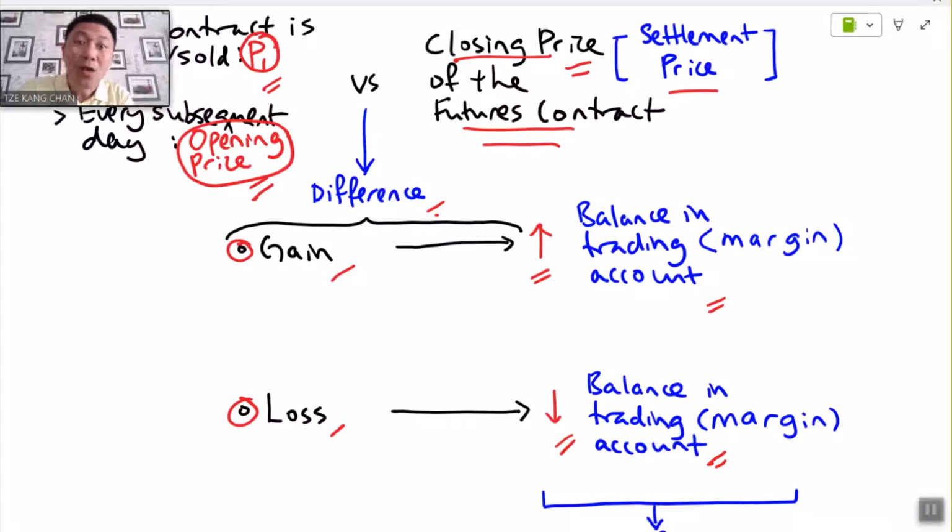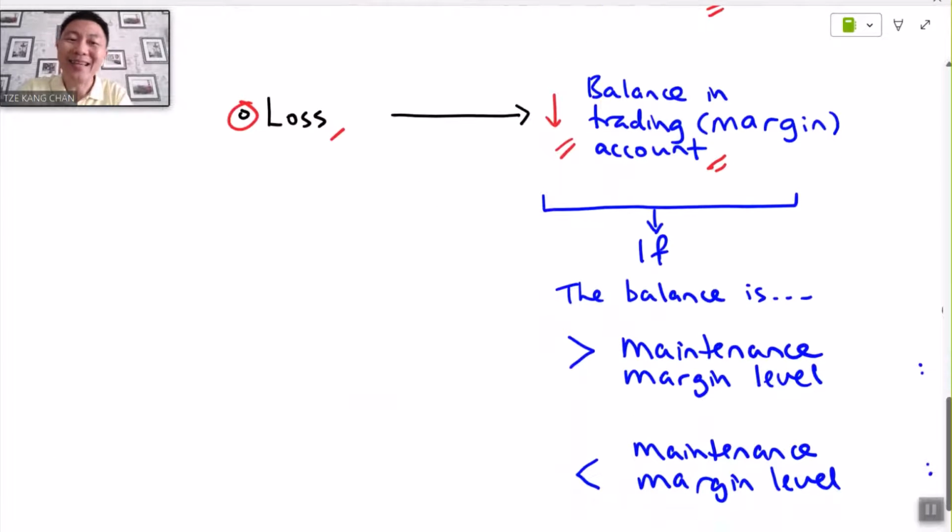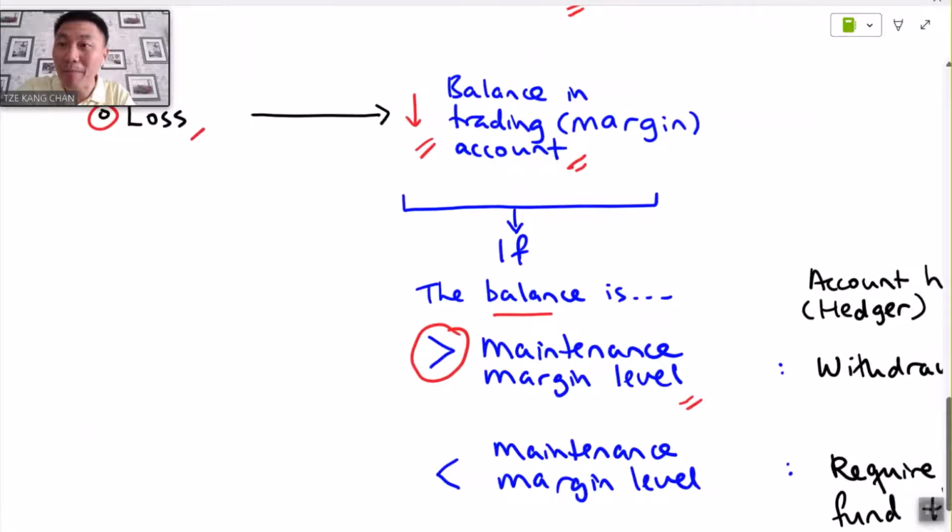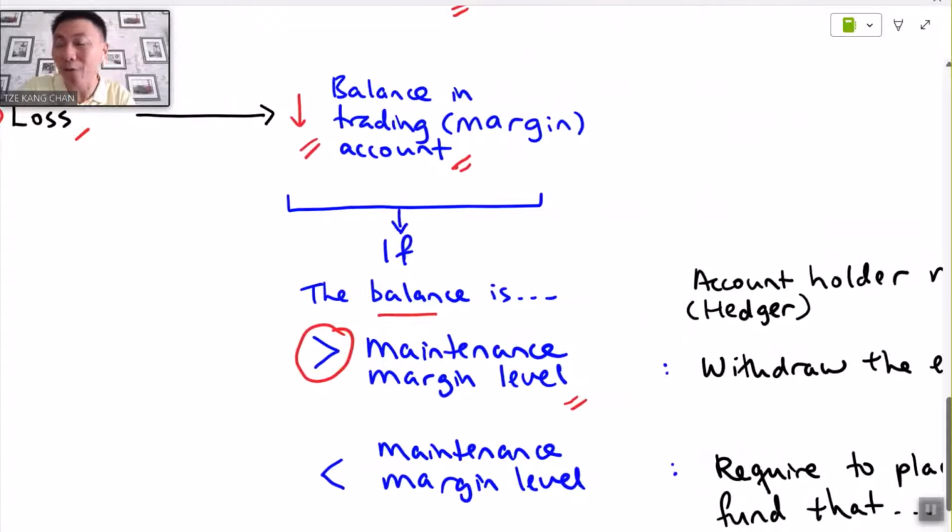Guys, when fluctuations of balances in these accounts are found, what happens if the balance exceeds the maintenance margin level, which is the minimum balance that must be kept in the account?